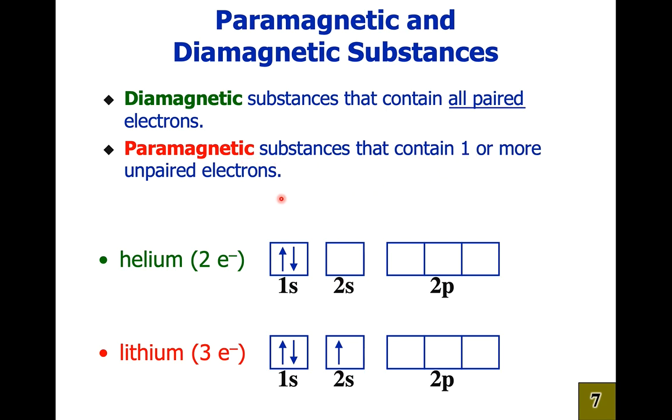When it contains 1 or more unpaired electrons, it's attracted to a magnetic field. And like with helium here, if they're all paired, if every up has a corresponding down, then it's diamagnetic. Diamagnetic is weakly repelled by a magnet, and paramagnetic is strongly attracted to a magnet.